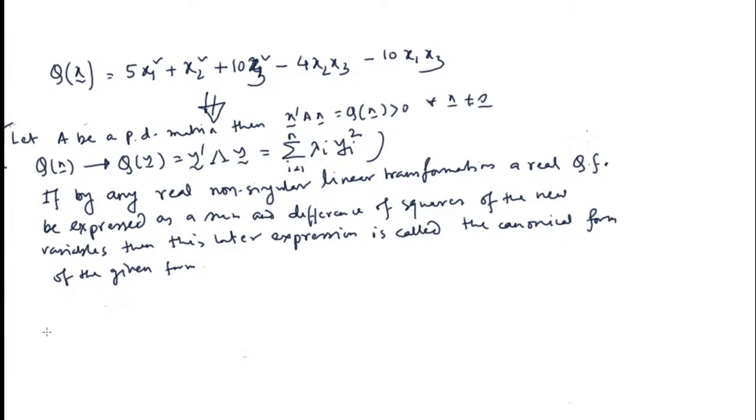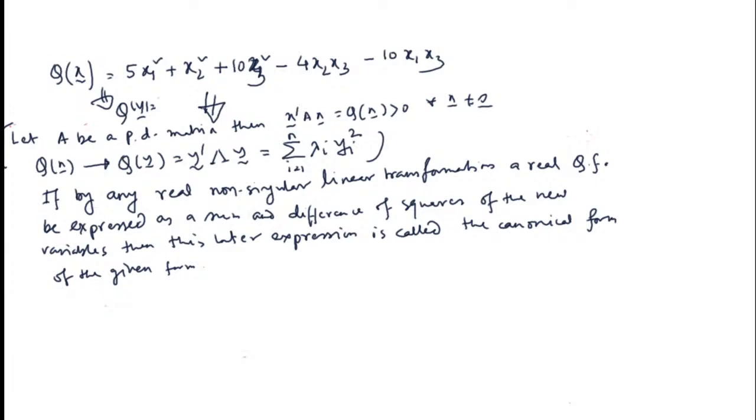Actually the canonical reduction is nothing but converting this Qx curl to Qy curl, such that the sum over lambda i, not necessarily eigenvector, eigenvalue.